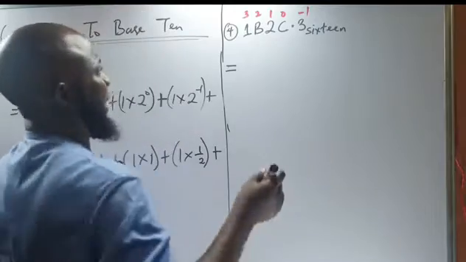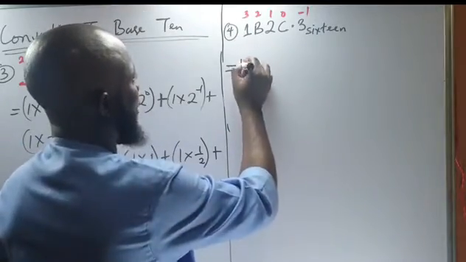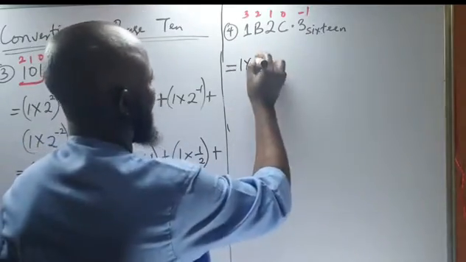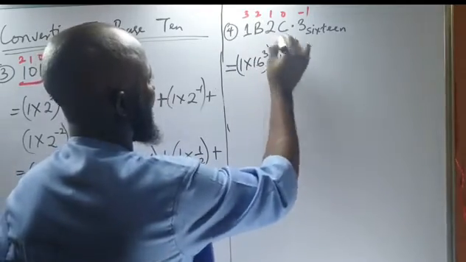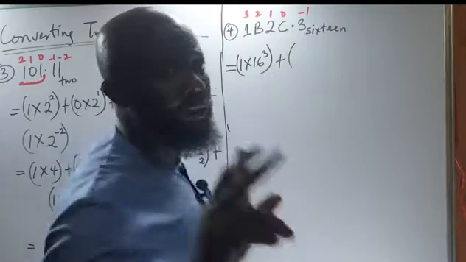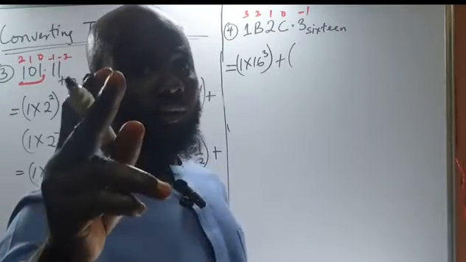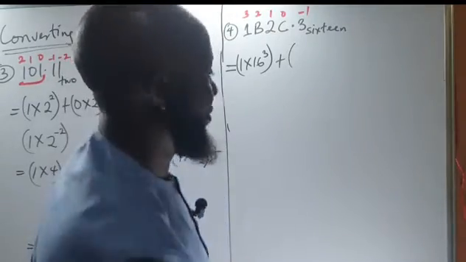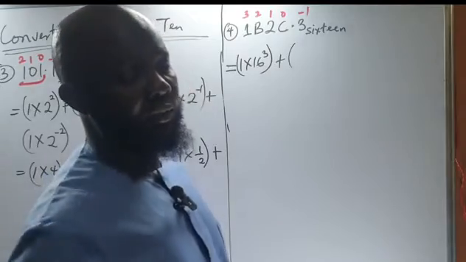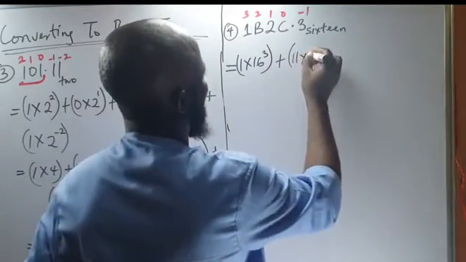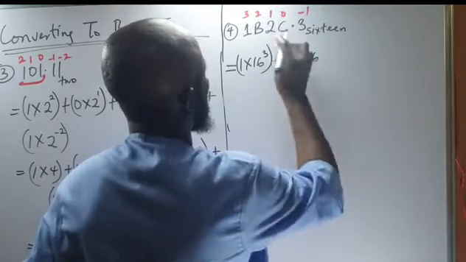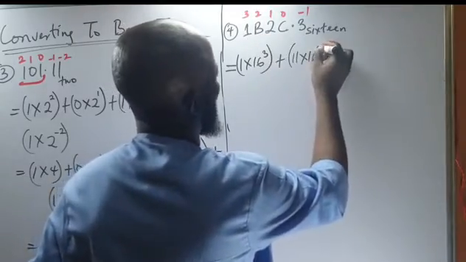So let's start with the first one. That will be 1 multiplied by 16 raised to power 3. We close it. Plus B. What will B be? Don't forget, A stands for 10. B stands for 11. So this will be 11 multiplied by 16 raised by 2. We close it.